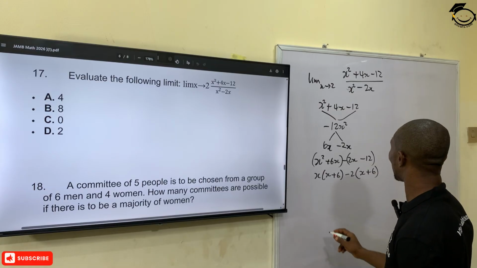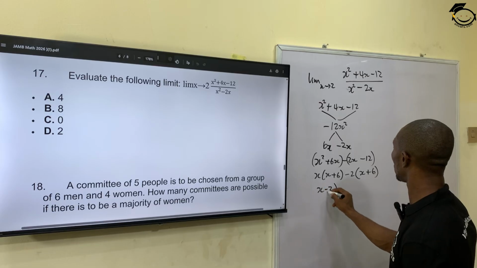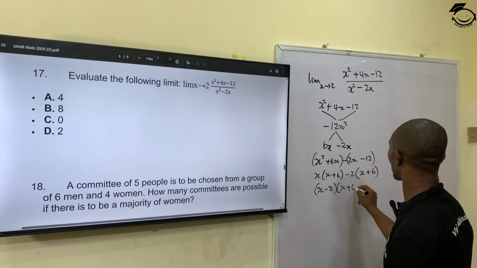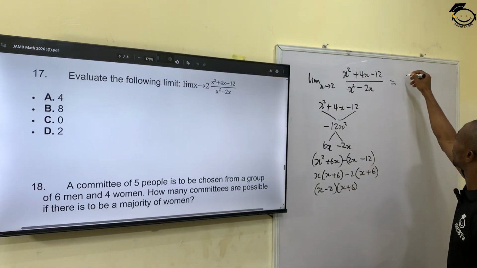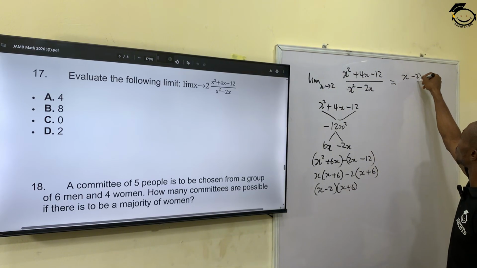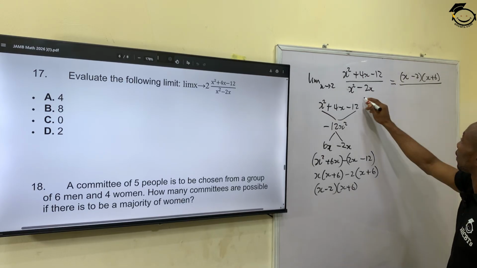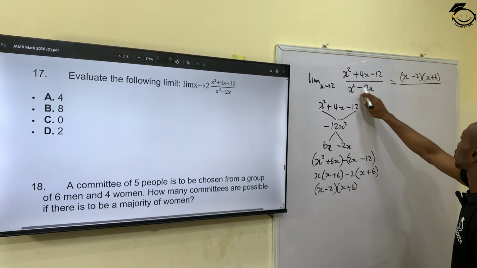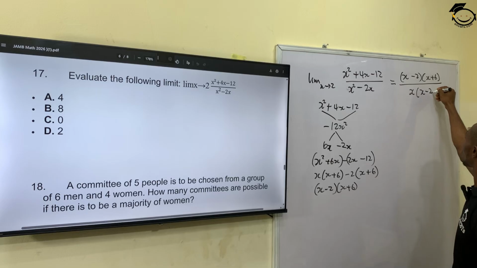Okay, now this will have as x minus 2 and x plus 6. All right, replacing with our numerator here, we would have x minus 2, x plus 6 all over. Now, if we factorize this, what's common to these two will be x bracket x minus 2.